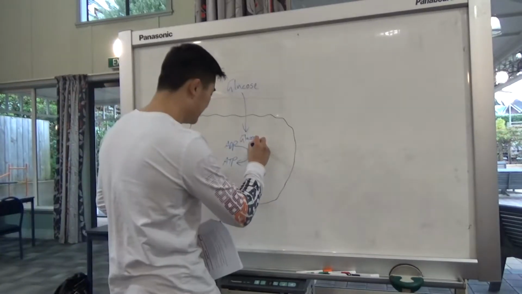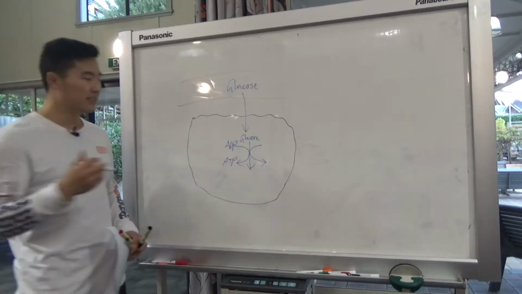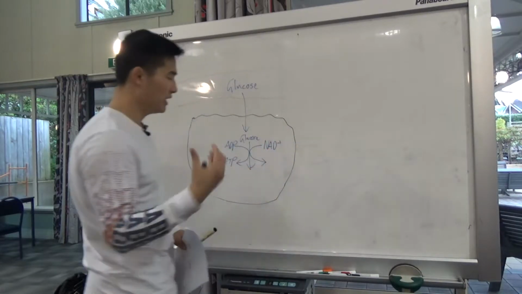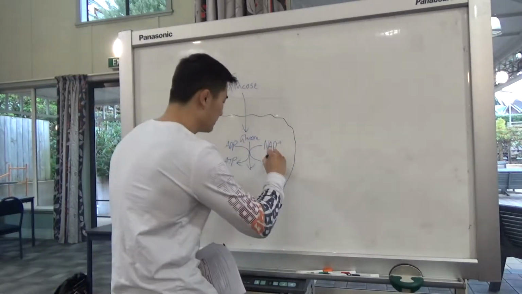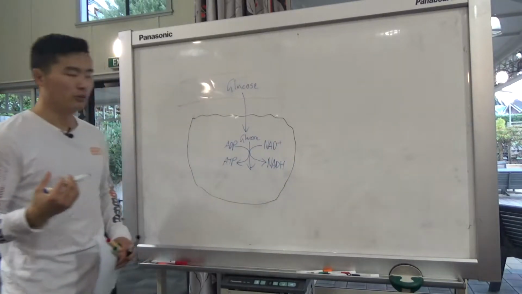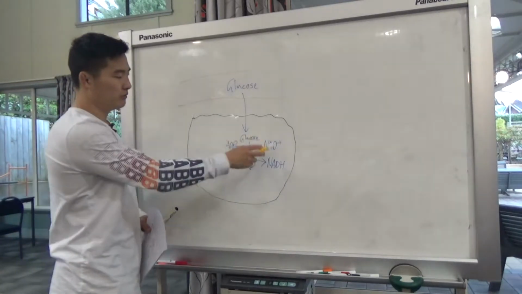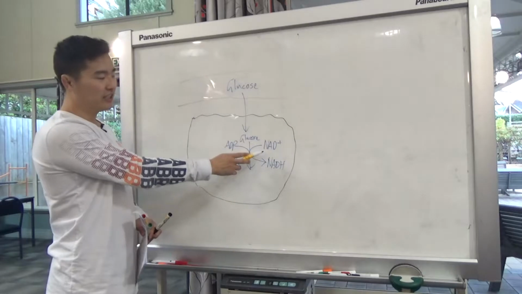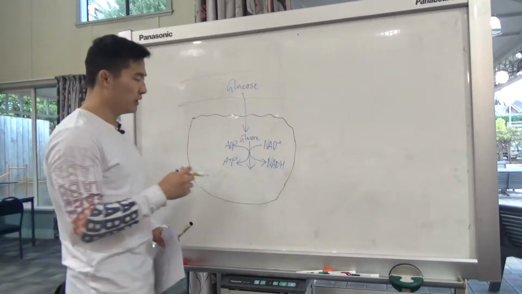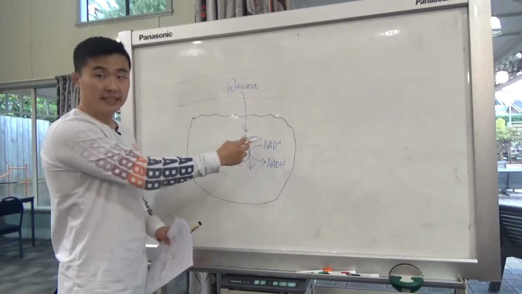And during this process, we also need NAD+. So we need an NAD+, and that's going to be reduced and form NADH. So remember that glycolysis cannot occur if you don't have enough NAD+. So if you only did this, we'd run out of NAD+.